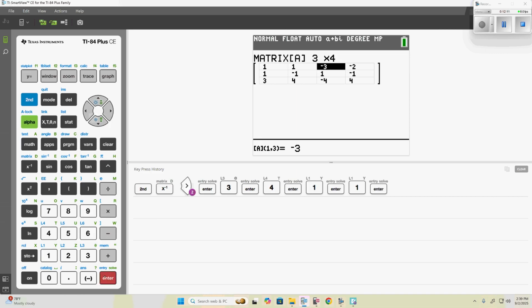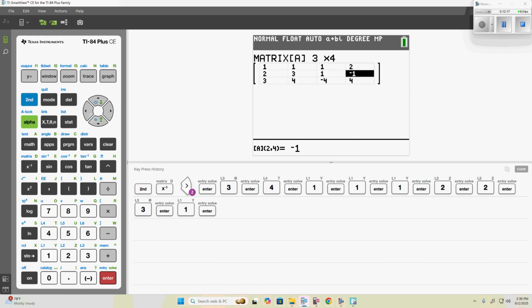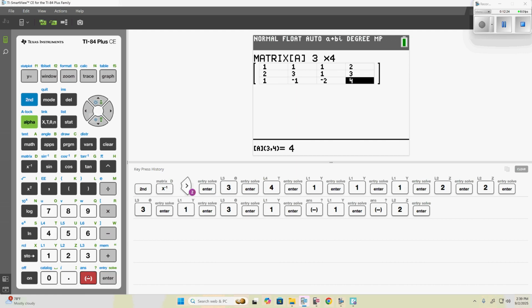I normally hit enter after I type each number in, because whenever you hit enter, it will move to the next spot. So you want to type the whole thing in.